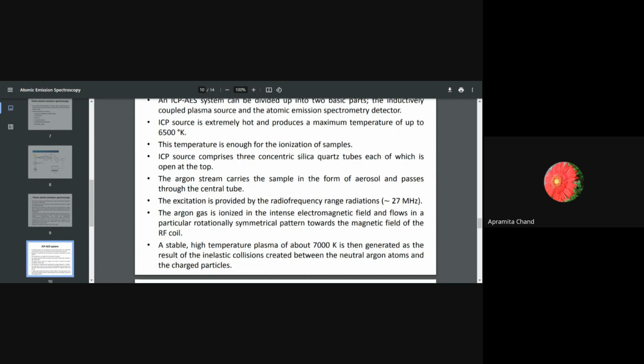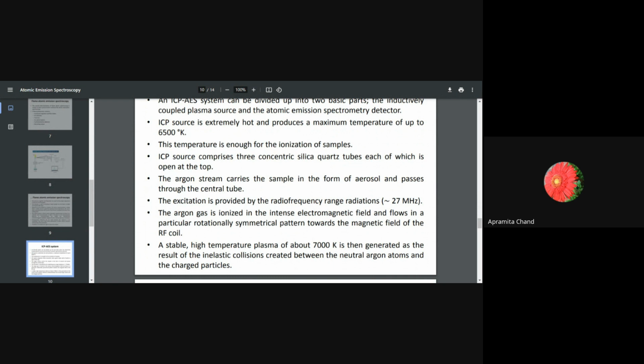Now, a lot of questions are there about argon. So, what is the role of the argon gas? The argon stream carries the sample in the form of an aerosol and passes through the central tube. And the excitation is provided by radio frequency range radiations. When the argon gas is ionized in the intense electromagnetic field, it flows in a particular rotationally symmetrical pattern towards the magnetic field of the RF coil, and a stable high temperature plasma of about 7,000 Kelvin is then generated as a result of the inelastic collisions created between the neutral argon atoms and the charged particles.